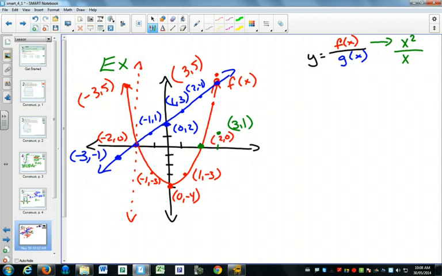My y value on the red graph is -3 at 1. The y value in the blue graph is 3. -3 divided by 3 is -1. At 0, I've got -4 divided by 2, -2.